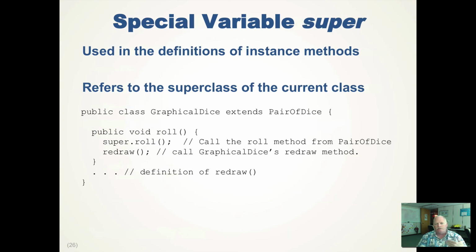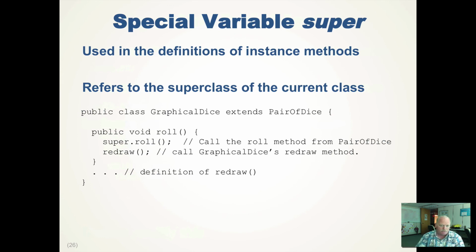So there's another special variable that allows you to refer to the parent class, and you could use it for calling parent methods. Let's say for example we have a GraphicalDice that extends PairOfDice, and we want to override the roll method to add the additional functionality of redrawing the graphical dice.